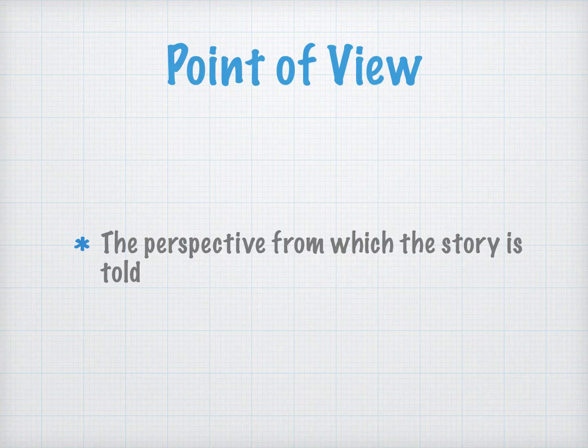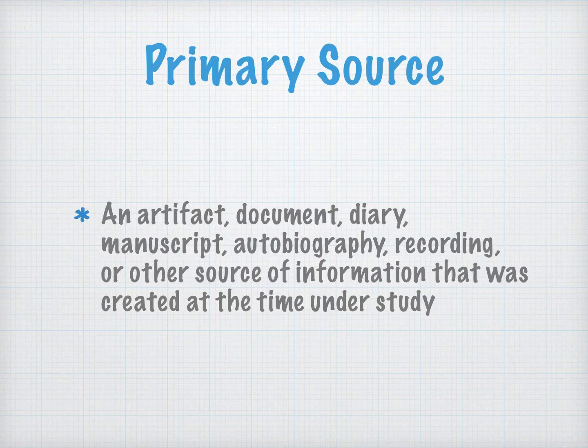Second person, where it's saying you and the author is talking directly to you, so think those choose your own adventure books. You have your third limited, where we only know one character's thoughts and feelings and the narrator's telling the story. And then we have third person omniscient, where your author's all-knowing, so you know what everybody is thinking, doing, and feeling.